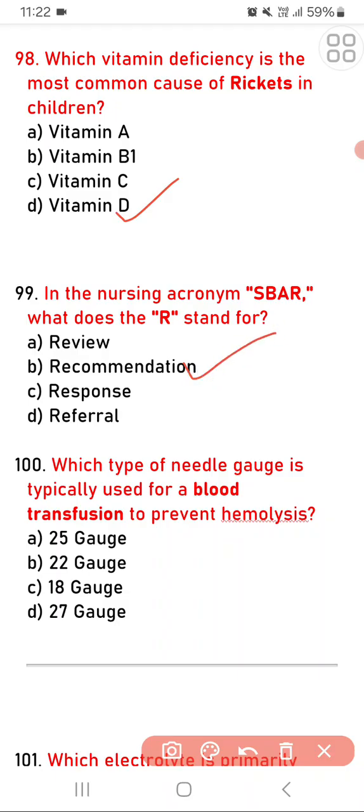In the nursing acronym SBAR, what does the R stand for? Recommendation. What type of needle gauge is typically used for a blood transfusion to prevent hemolysis? 18 gauge.